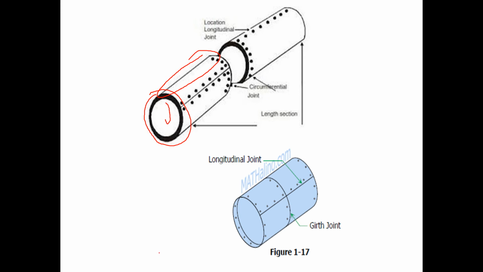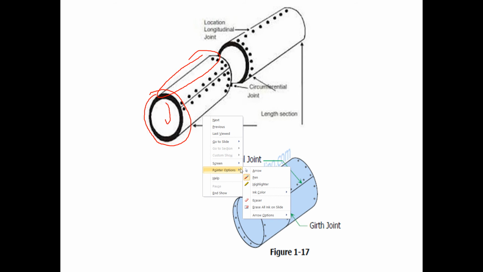Yes, sir. So you have to connect the longitudinal part with the circumferential part, then only you can get a complete boiler. If you connect the circumferential part with the longitudinal part, then only you can get the shape of a boiler.